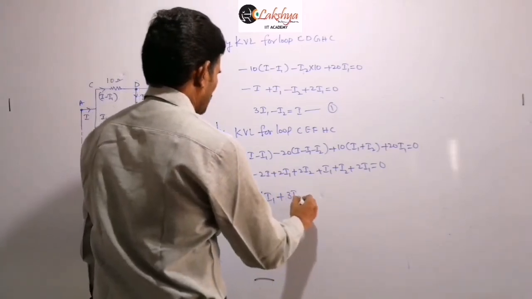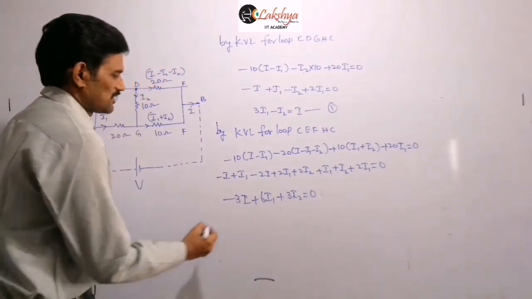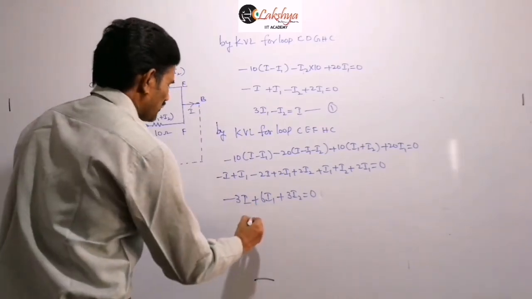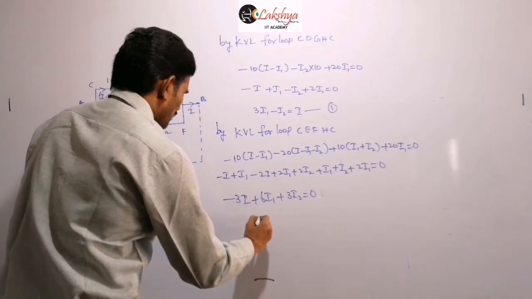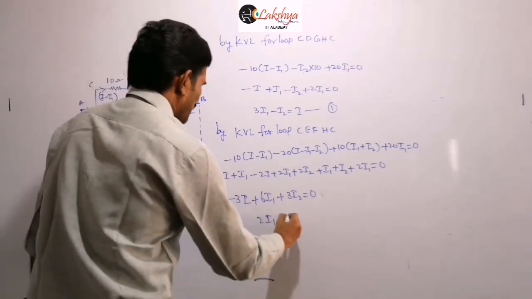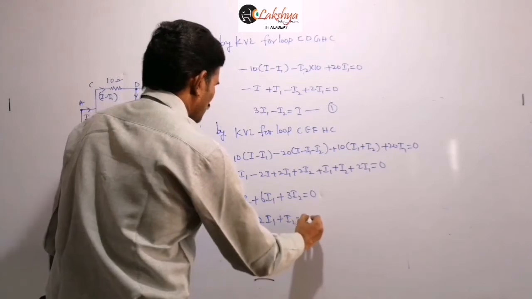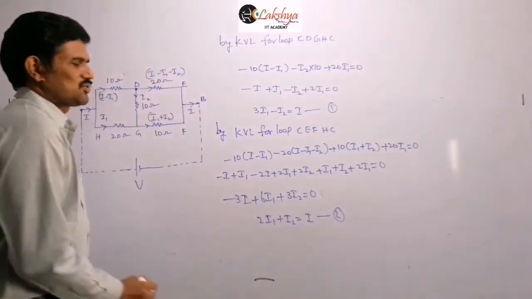So this is also plus 3I2 is equal to 0. So then you can simplify this equation as 2I1 plus I2 is equal to I. I am dividing with the 3. So this is our equation 2.